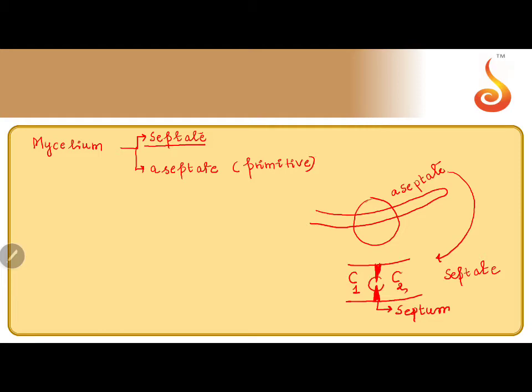At the center it shows an opening called the septal pore, because the septum has an opening at the center, and through the septal pore the communication between C1 and C2 compartments occurs.